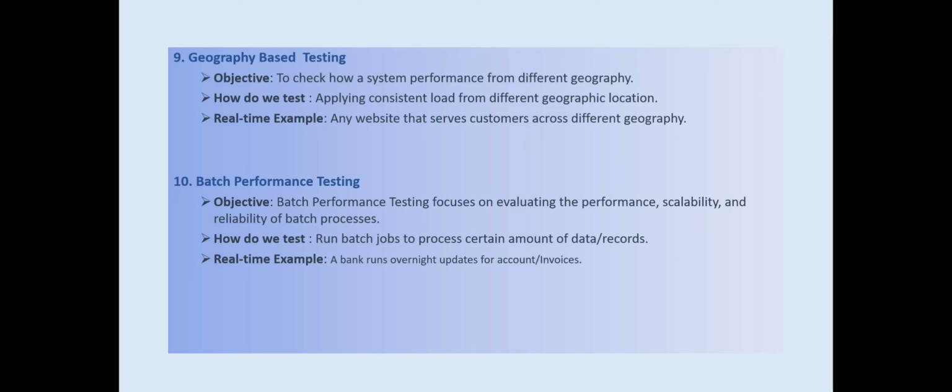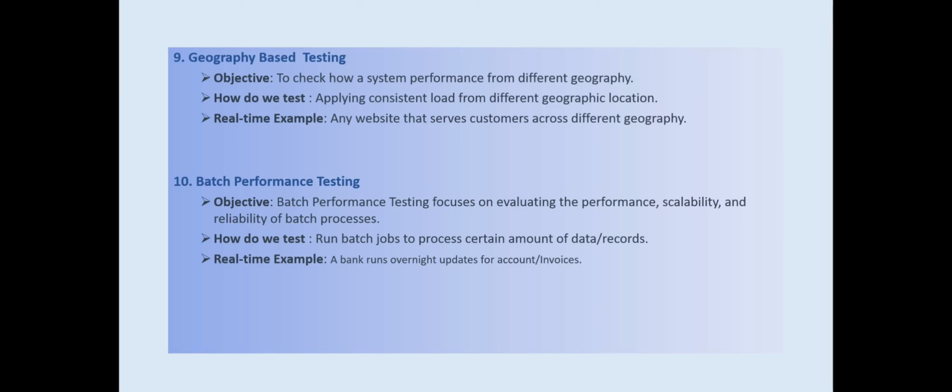And next comes the geography based testing. The objective of this testing is to check the system performance or your website performance across different geographies. If a load comes from North America or Australia, how does the performance look like when we simulate traffic from the different geography? That is the purpose of the geography based testing. How do we test that?